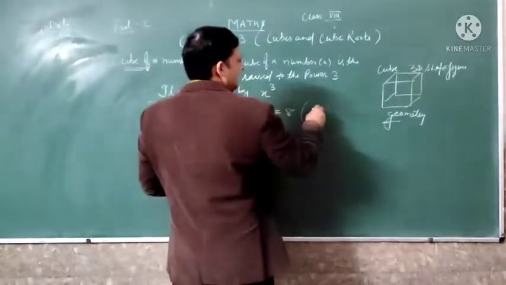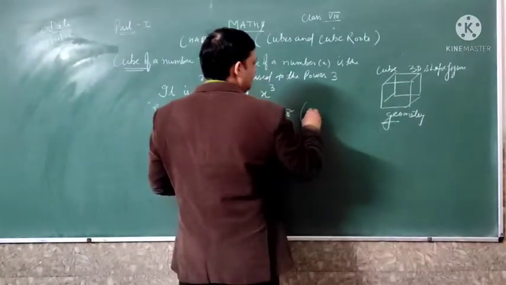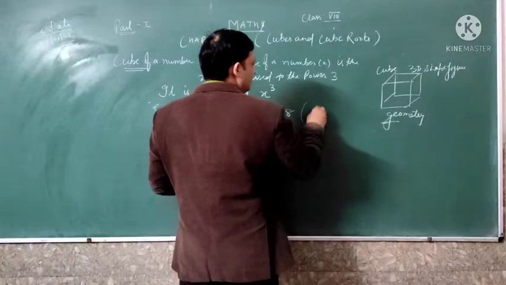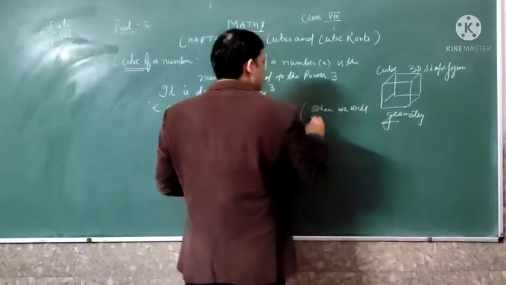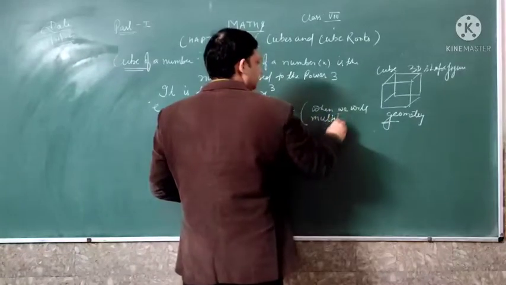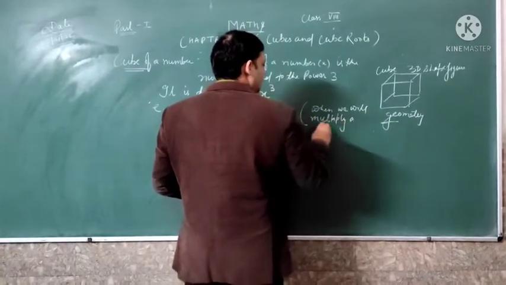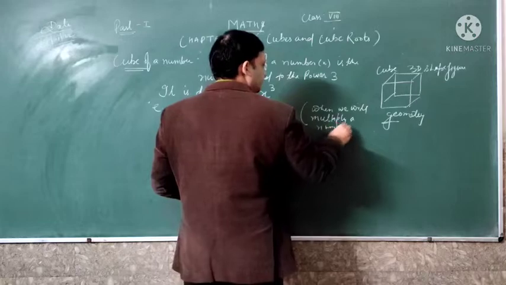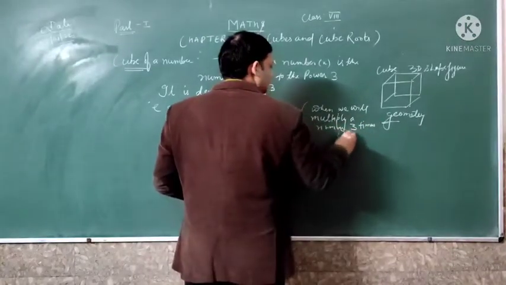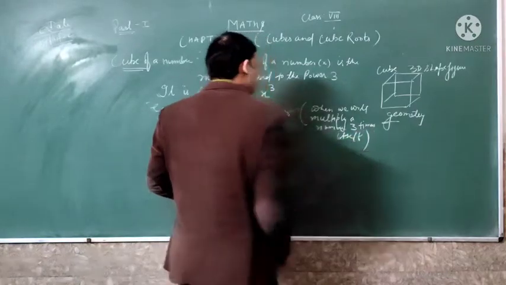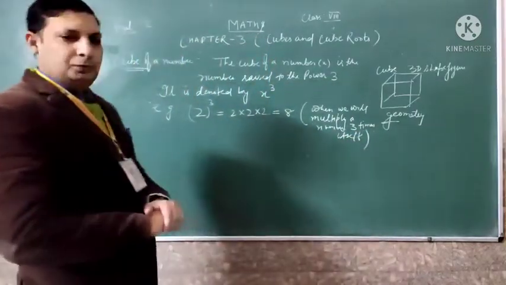When we multiply a number 3 times by itself, it is called cube.